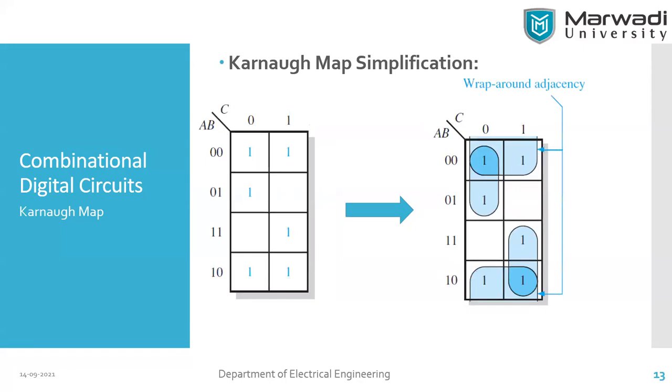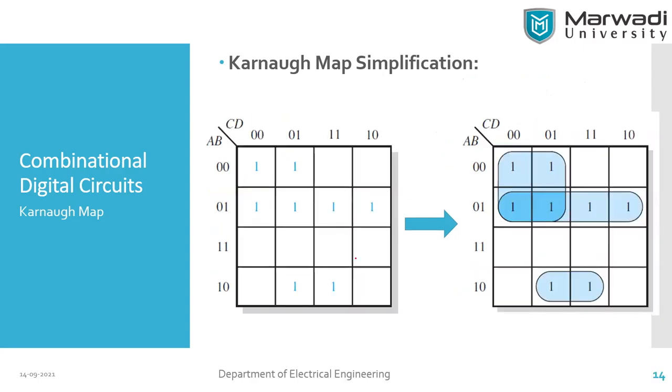In the Karnaugh map, there may be a wrap around adjacency. We have already studied about the wrap around adjacency because we assume that this and this, they are adjacent. The first row and the last row are adjacent. Similarly, the first column and the last column may also be adjacent.